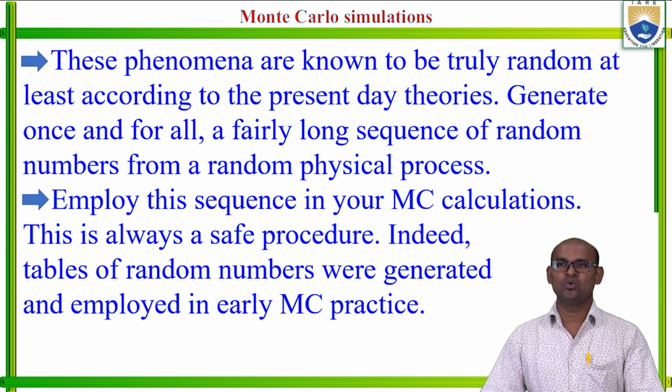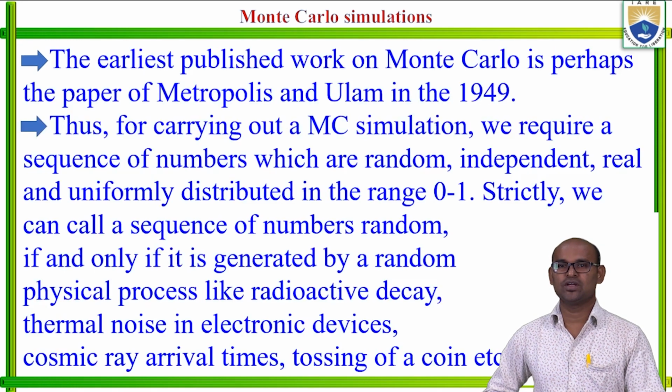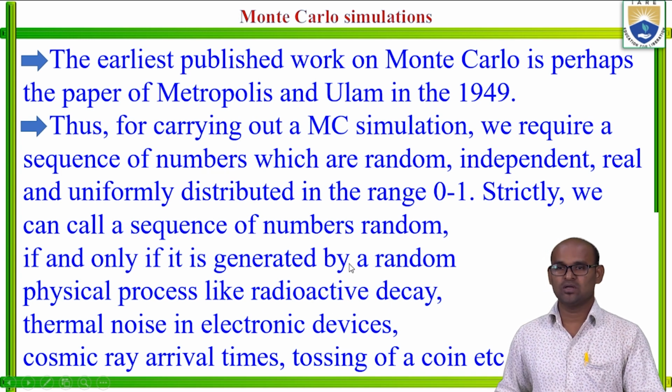These phenomena are known to be truly random, at least according to present-day theories. So we are going to take random numbers generated by these experiments, for example radioactive decay, thermal noise generated in electronic devices, cosmic ray arrival times, and tossing of a coin.